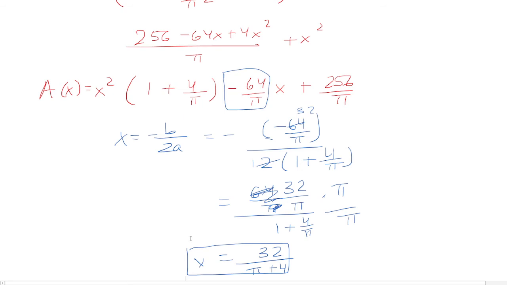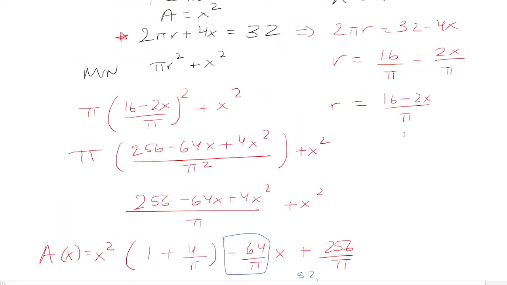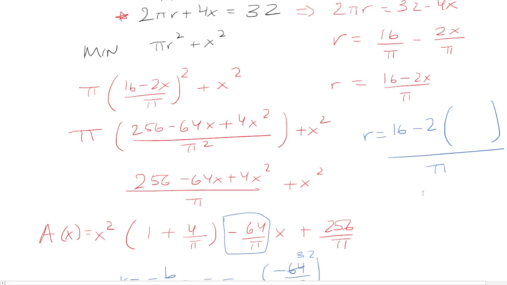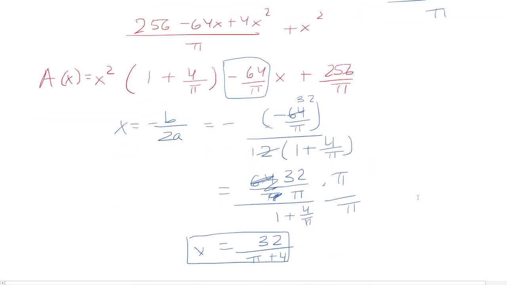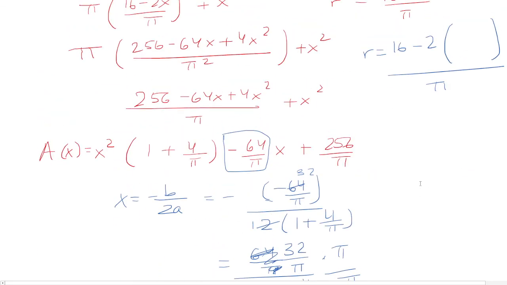Now I can plug that into the equation over here. So r is 16 minus 2, and then x we said was 32 over pi plus 4. So that's going to be 16, and then I'm going to distribute the 2, so it'll be negative 64 over pi plus 4.